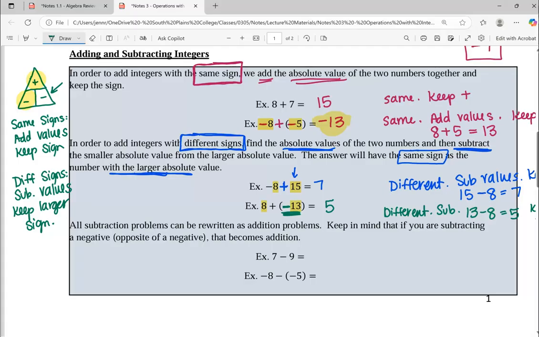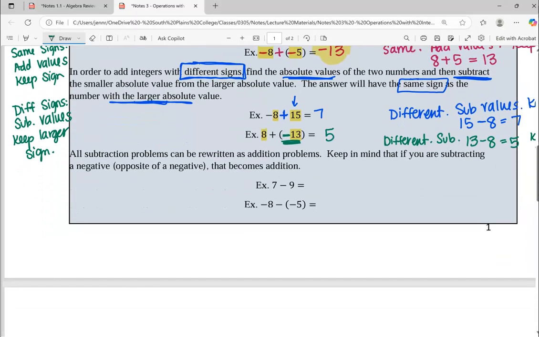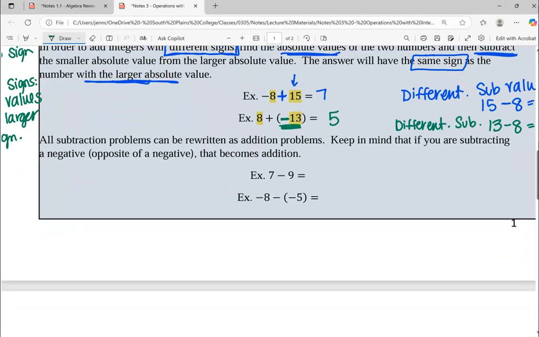This can be done with any combination of adding and subtracting integers. Sometimes we might need to rearrange it a little bit. Sometimes we have double negatives to deal with first. Now, looking at 7 minus 9, I can rewrite this where I have a positive 7 and a negative 9 as my values being added together.